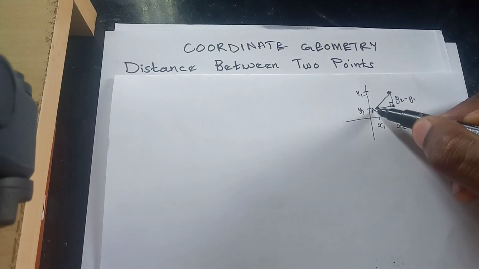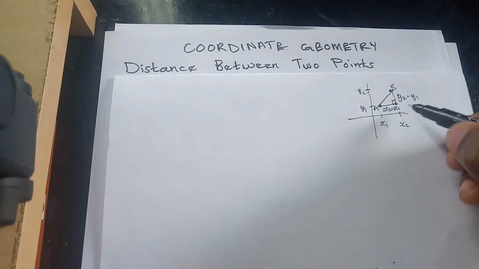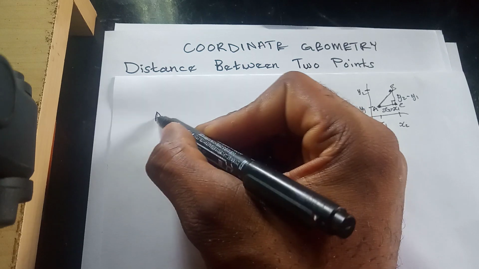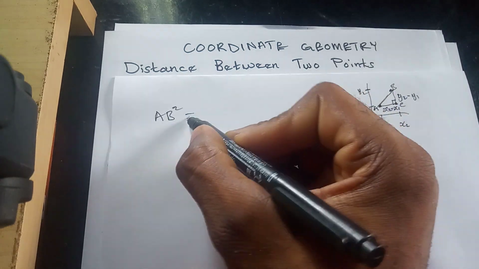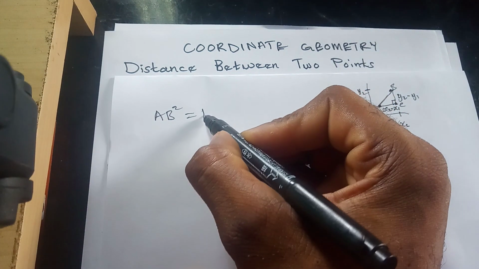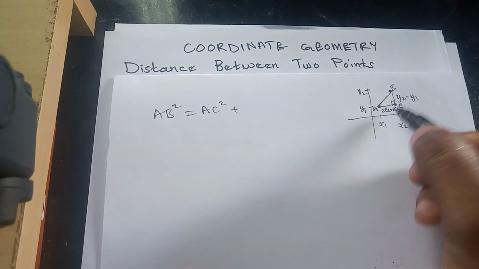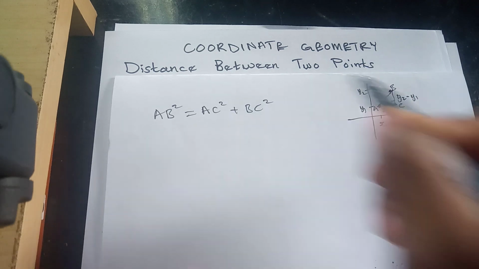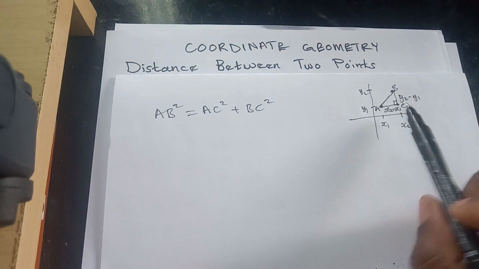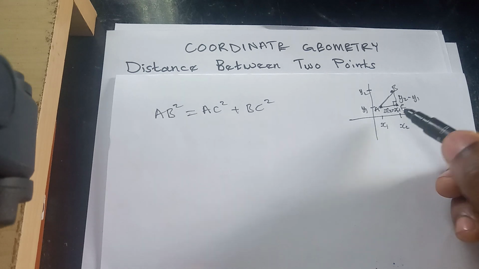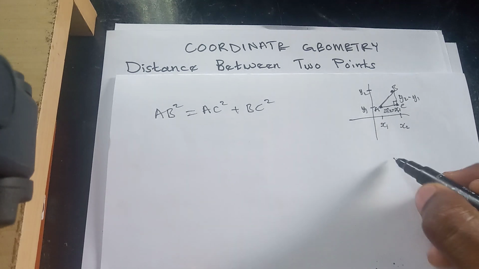So the distance, let's say this is AB, and then this is C. The distance AB squared will be equal to AC squared plus BC squared.